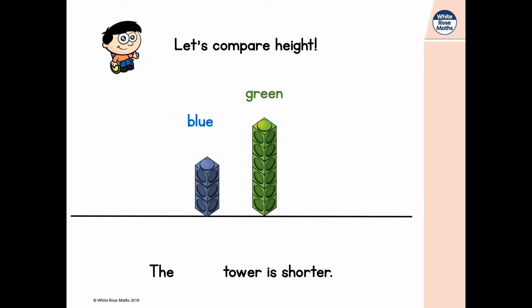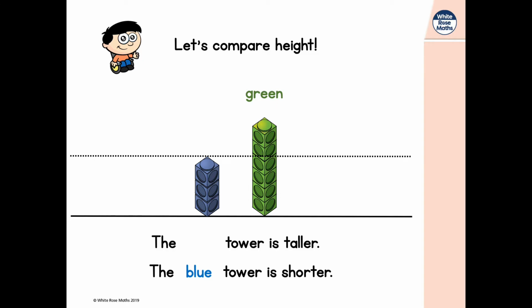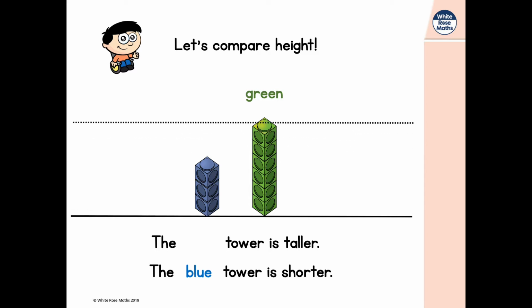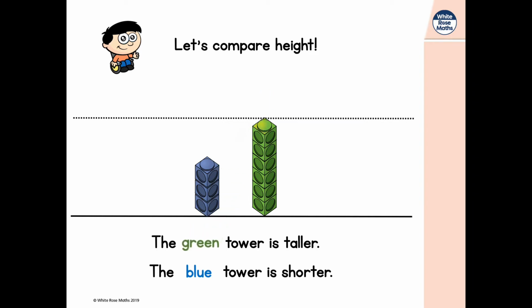We can compare by drawing another line to see. Can you see which tower is shorter? Yes, the blue tower is shorter. Which tower is taller? If we move the line up, we can easily see the green tower is taller.